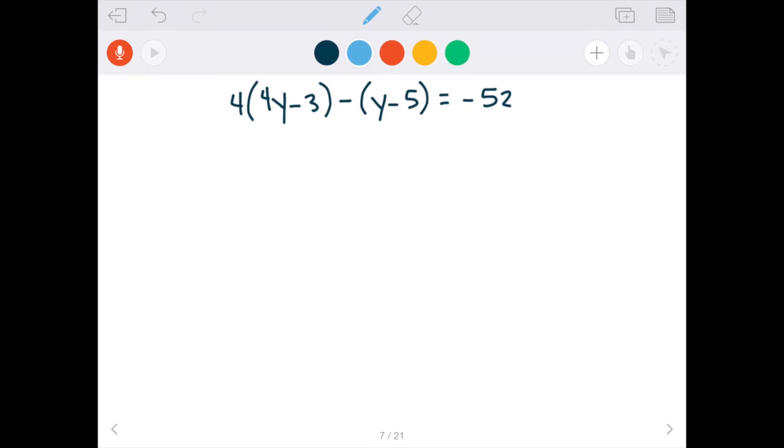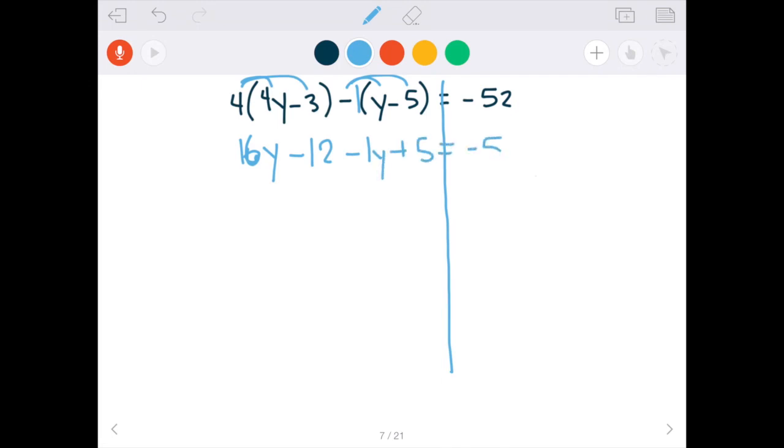And one more problem like these. Again, I've got distributive property here, but also right after that, remember that there's really a negative 1 in front of those parentheses. So I have 16y minus 12, minus 1y, plus 5. 16y minus 1y is 15y.